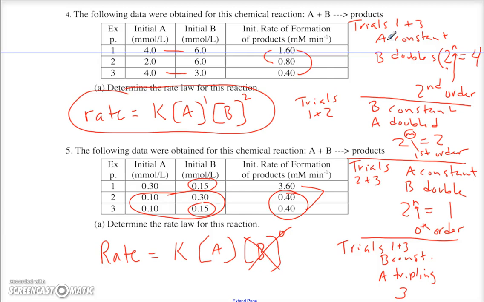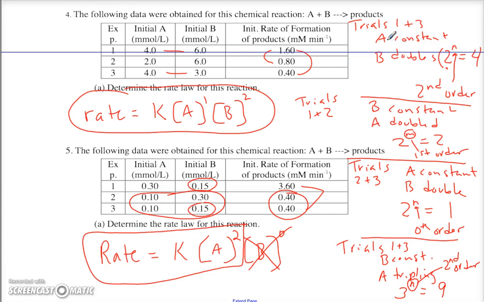Well, from 0.4 up to 3.6, that's 9 times. So if we're tripling A, to what power do we need to raise that to get an overall rate increase of 9 times? Here we see that n has to be 2, a squared function. That's what we call second order. So basically that right there is your rate law, k times [A] squared.